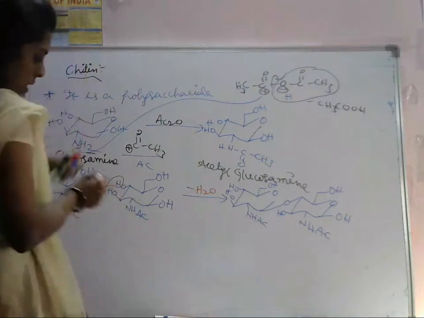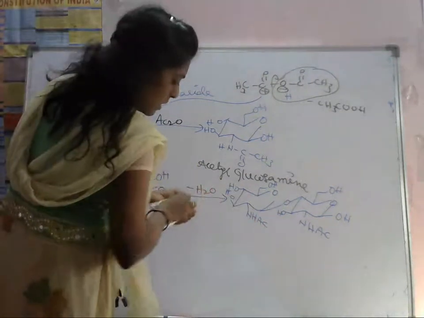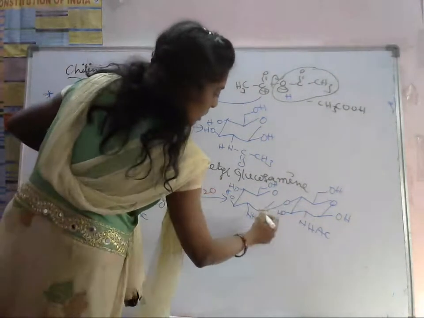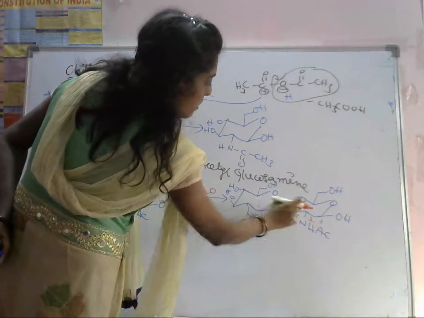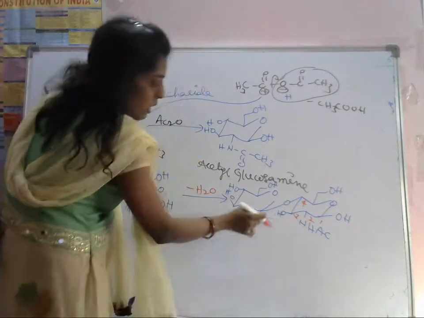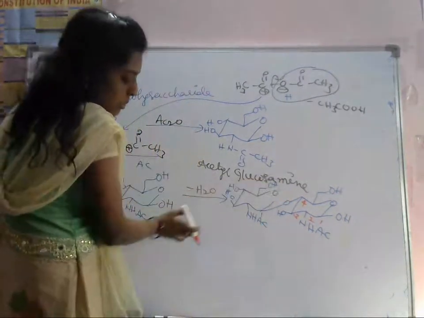What is the linkage here? This is the linkage 1 comma 4. Here, this is 1, 2, 3, 4. So there is a linkage between 1 and 4, and these two are said to be beta linkage.